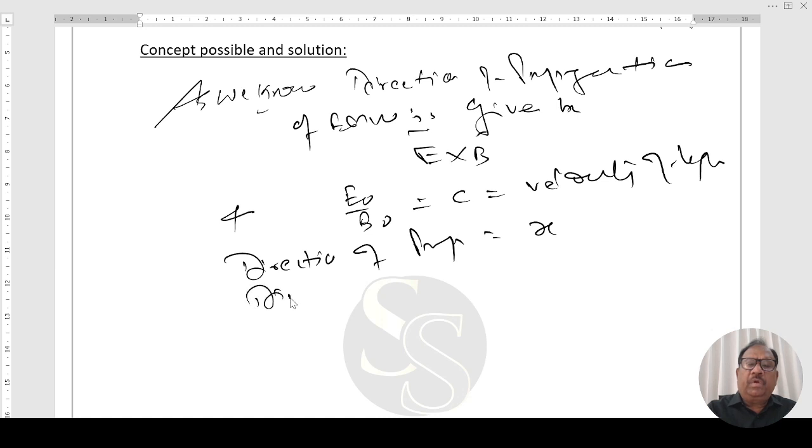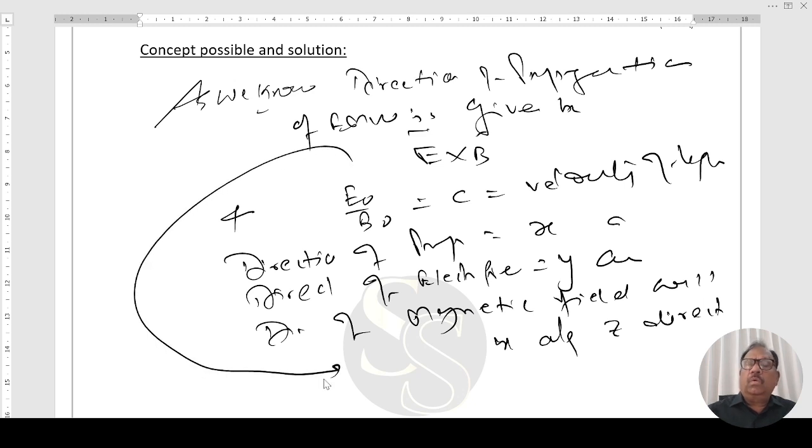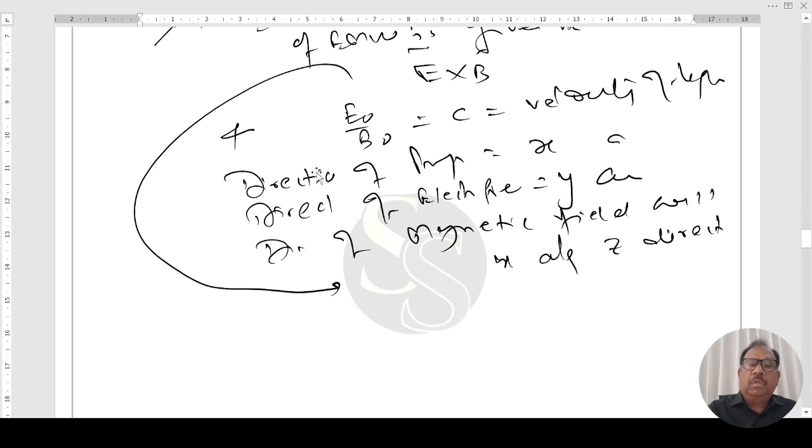And direction of electric field is along the y-axis. The direction of magnetic field will be along the z direction according to this.